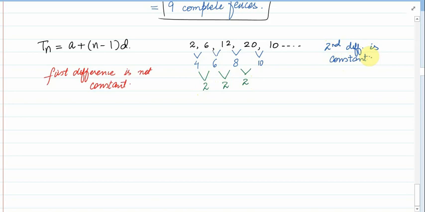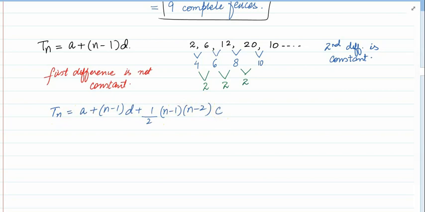The working formula that we are going to apply when the second difference is constant is Tn equals a plus n minus 1 d plus 1 upon 2 n minus 1 n minus 2 c.